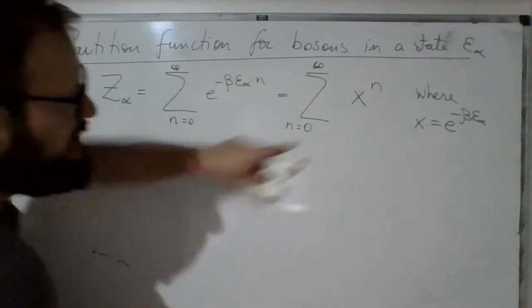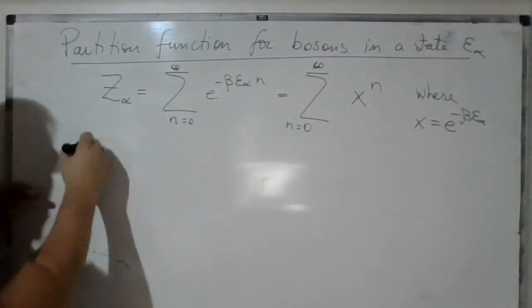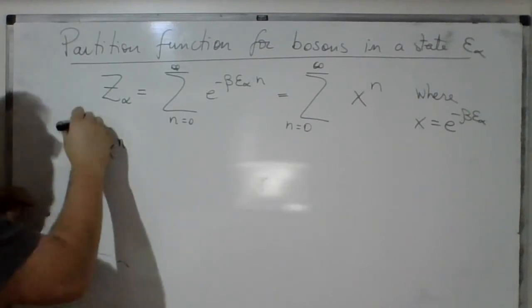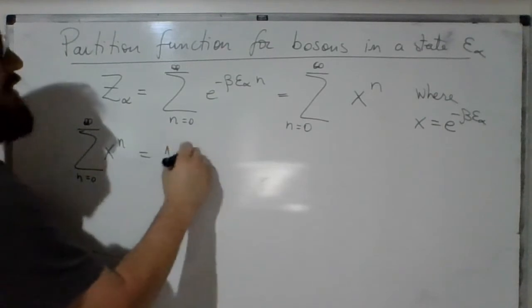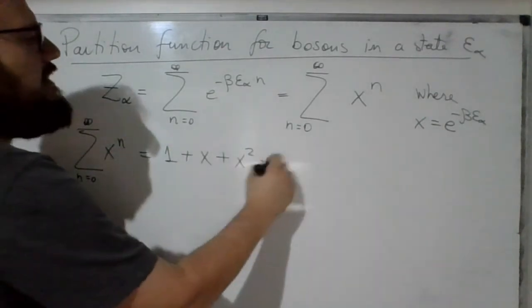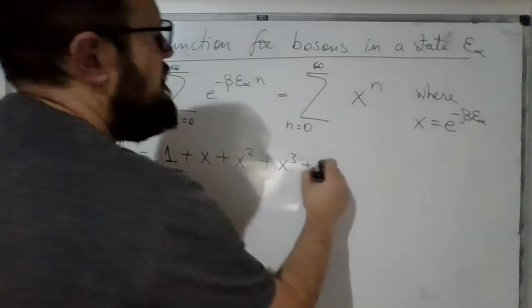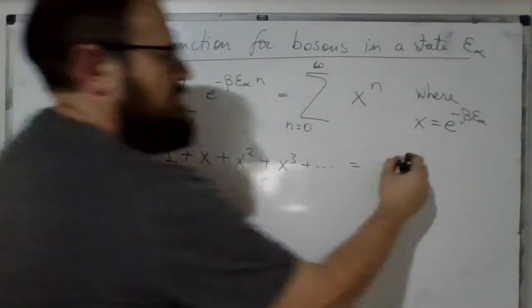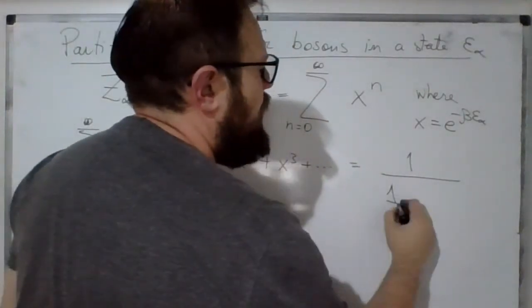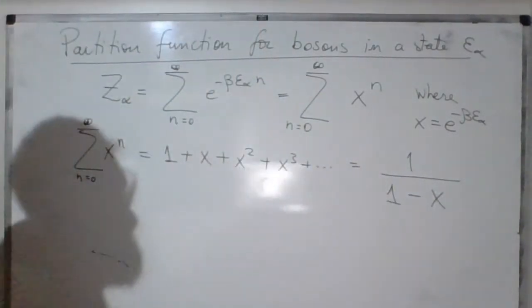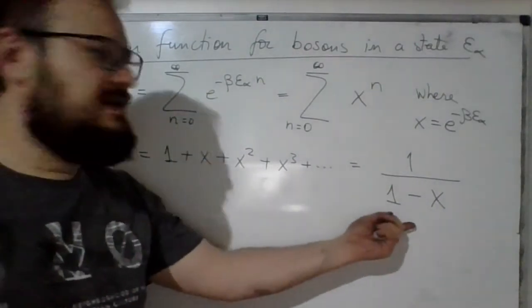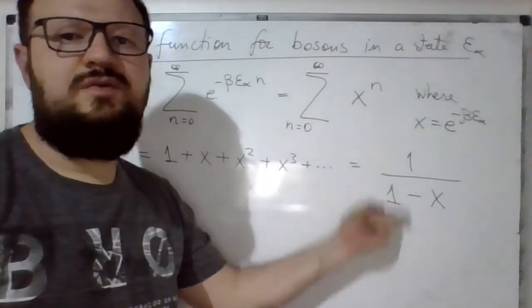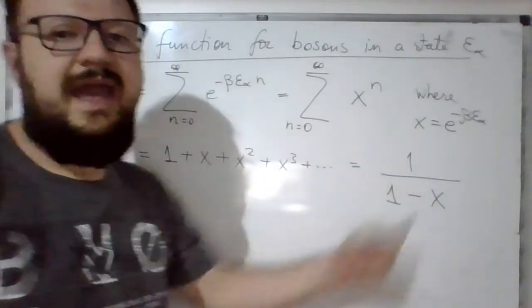But this object here, the summation from 0 to infinity, is 1 plus x plus x squared plus x cubed, and so on. And it is just the geometric series. It is 1 over 1 minus x. So this summation has an exact representation, which is this fraction, 1 over 1 minus x.